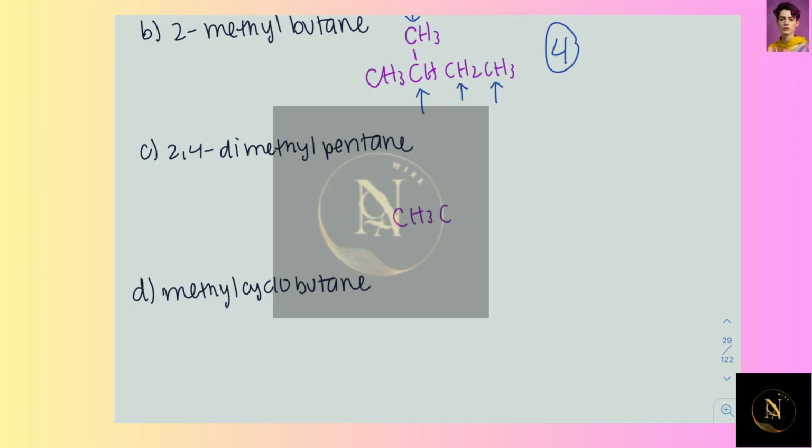Part C is 2,4-dimethylpentane. So if we draw that out, that looks like this. So 2 has a methyl group and 4 has a methyl group. So here we have a similar situation to what we had in part B. These two methyl groups are the same, and they're actually also the same as these two.